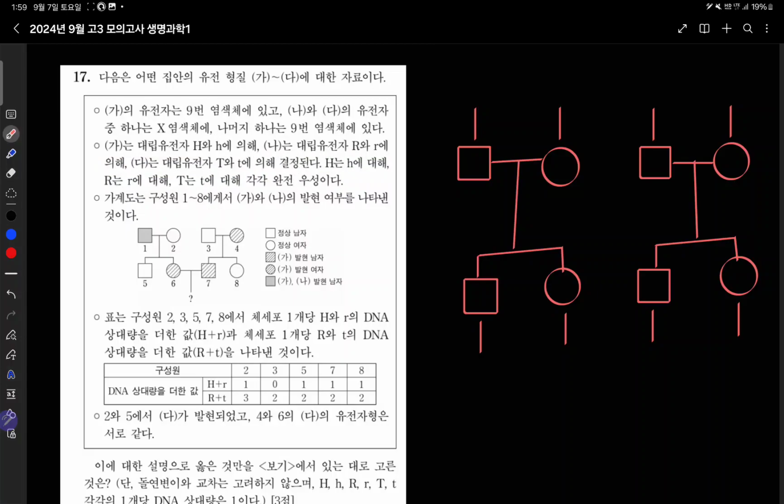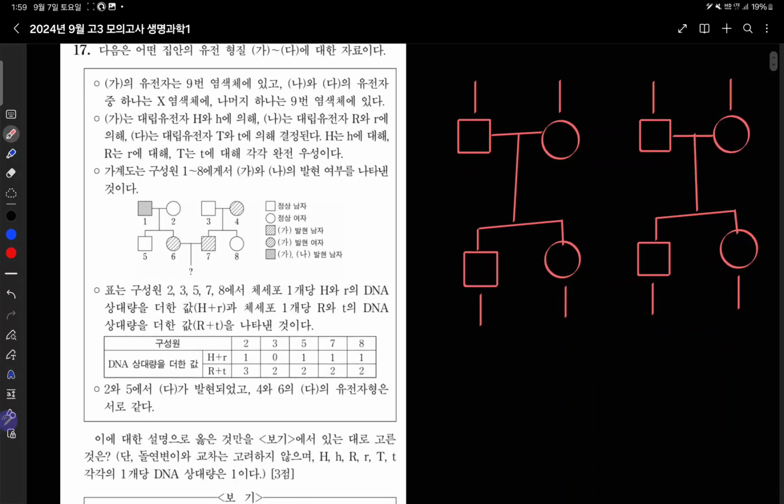And the pedigree shows the expression of the first trait and the second trait. Individual number 1 has both the traits.